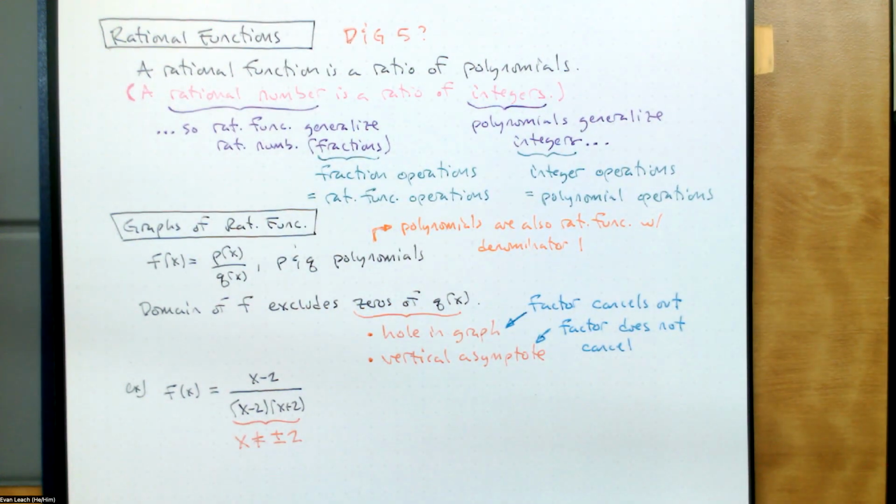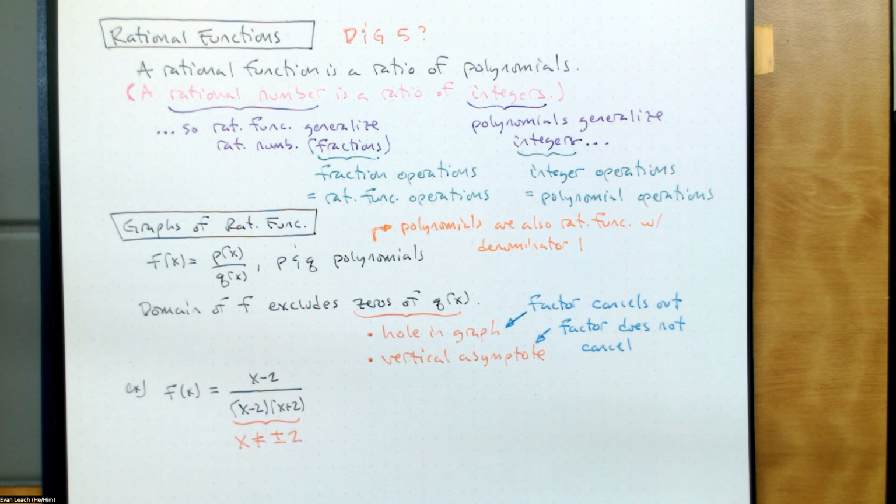This is a convenient way when we want to say all real numbers except for a small finite list of real numbers. We can plug anything we want into this function except for plus and minus 2.